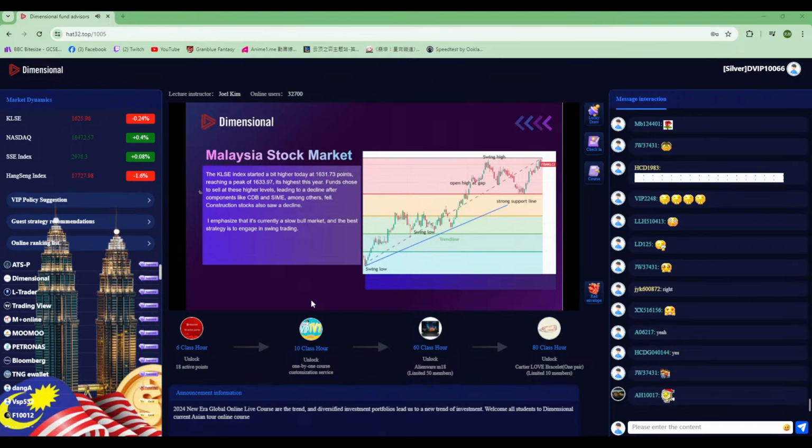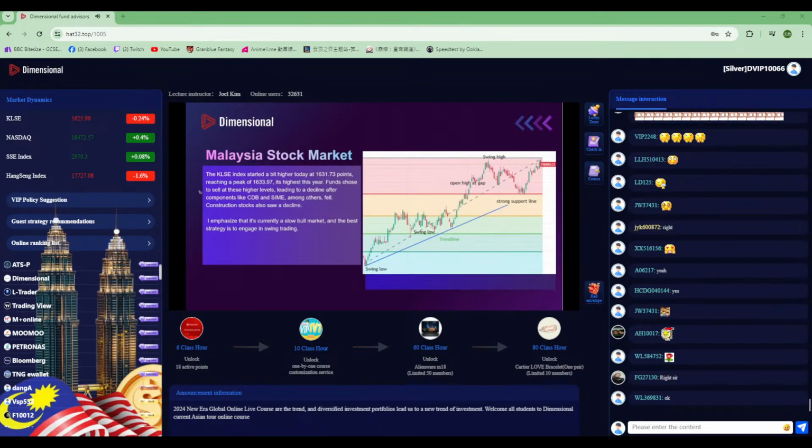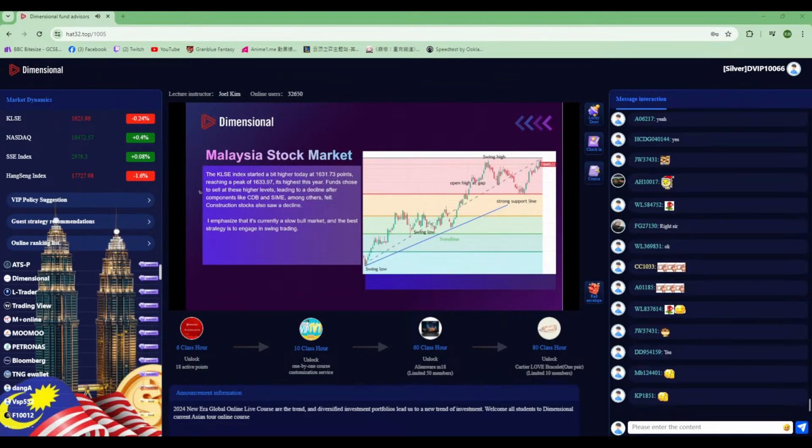Okay, here as you can see, the KLSE index started a bit higher today, at 1,631.73 points. But after reaching a peak of 1,633.97, which is the highest this year, and then what happened?